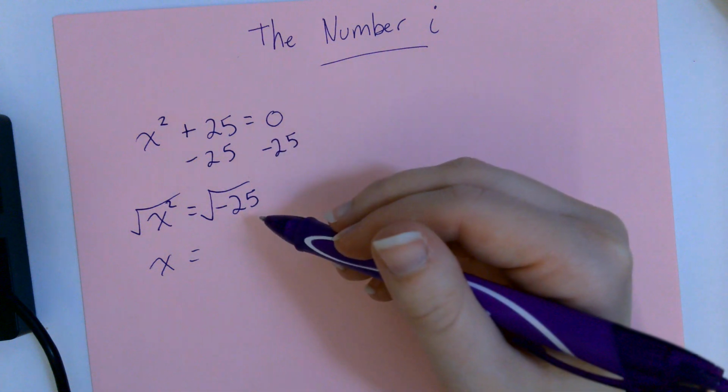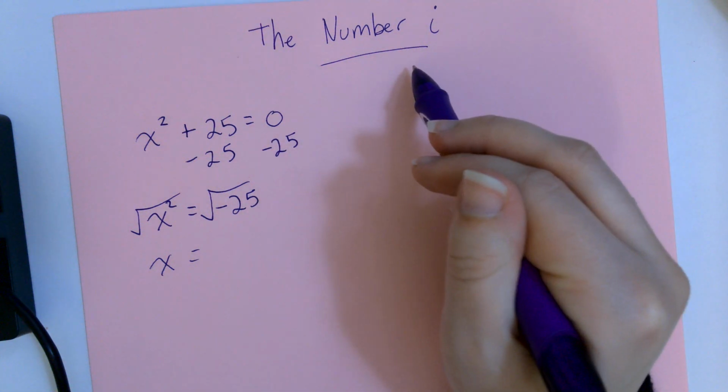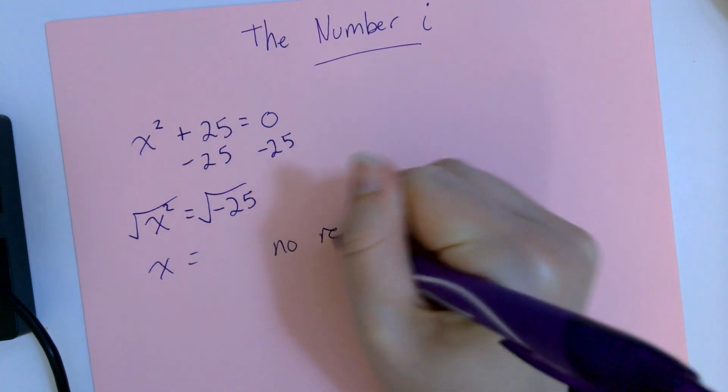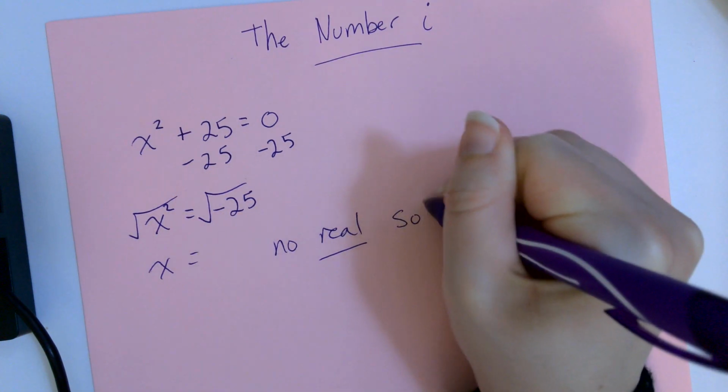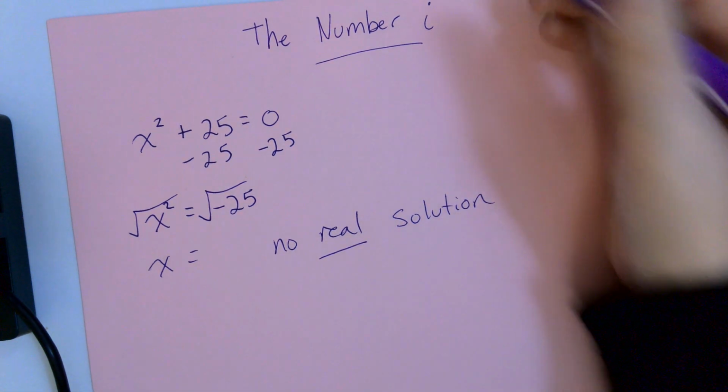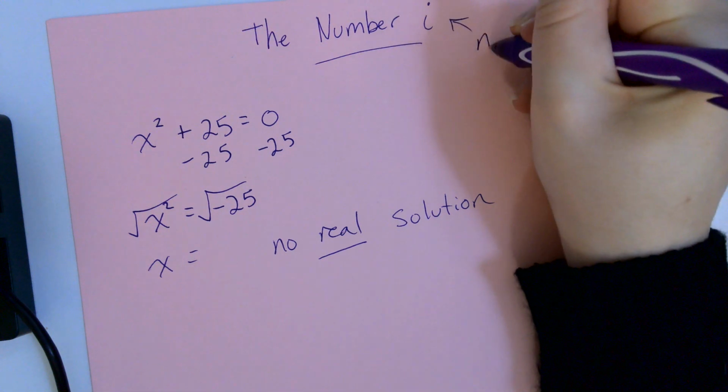We would say that there's no solution before we talked about i. Really what we're saying is there's no real solution. And when we talk about i, that's non-real numbers.